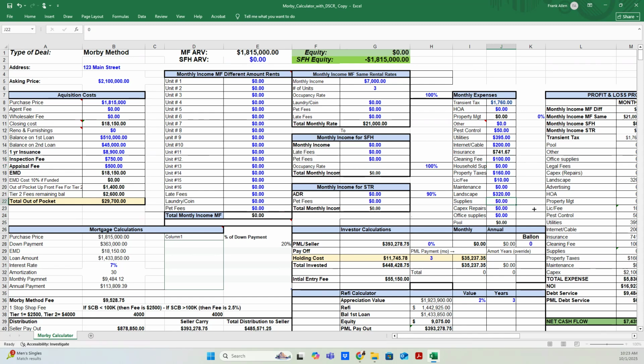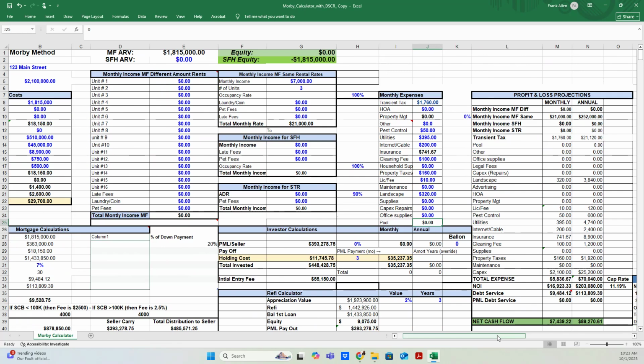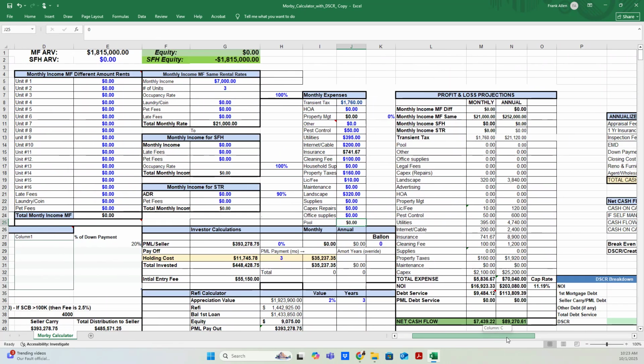Now supplies, I don't know. It could be office supplies, CapEx repairs. I have other supplies. Like I said, people have supplies, so I've had to add those in based on whatever they are paying for, if we're trying to run off of their numbers. That's for the pool. There is no pool at this property, but it's there.